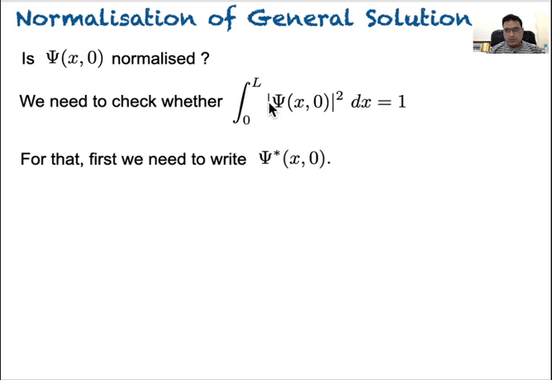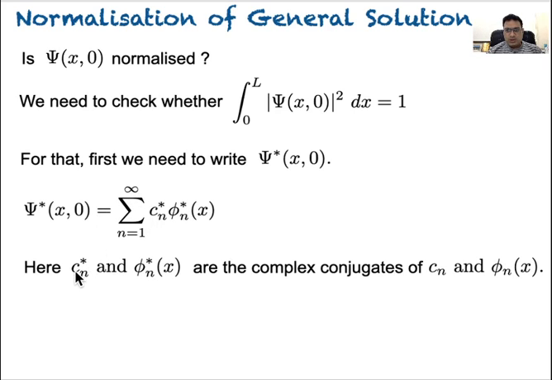To make the modulus square, first let's rewrite psi star of x at 0. Psi star of x at 0 will be the sum of Cn star phi n star of x, with the summation going as it is. Here Cn star and phi n star are the complex conjugates of Cn and phi n of x.